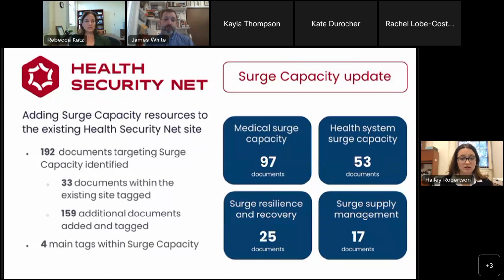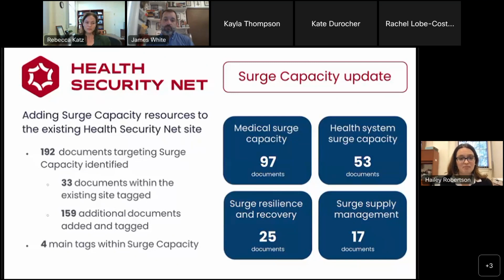Currently, the types of documents in there are workforce strategies to prevent burnout, such as from HHS, USHHS, or other state health agencies, as well as the UN Office for Disaster and Risk Reduction.